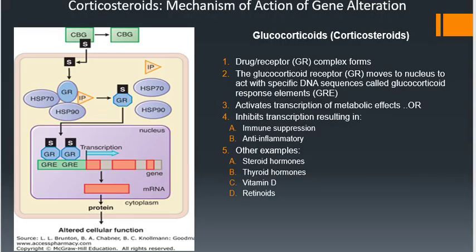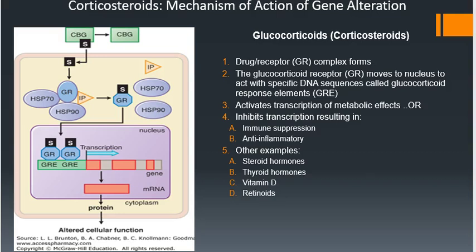Okay, and so we said earlier that these corticosteroids are really potent immunosuppressive drugs, and that's because they operate essentially at the genomic level. When you give an immunosuppressant molecule like a corticosteroid, they basically inhibit the production of certain pro-inflammatory proteins and enzymes and receptors and so forth.